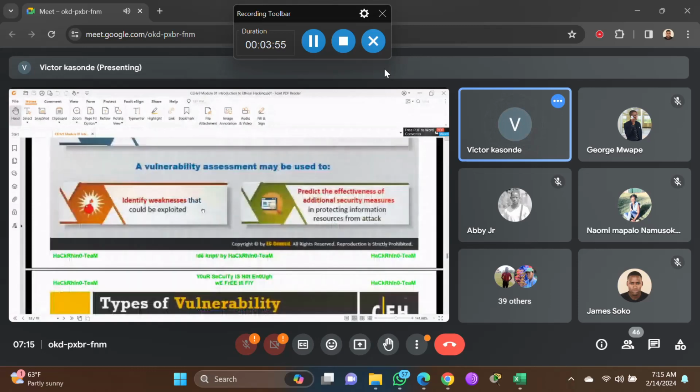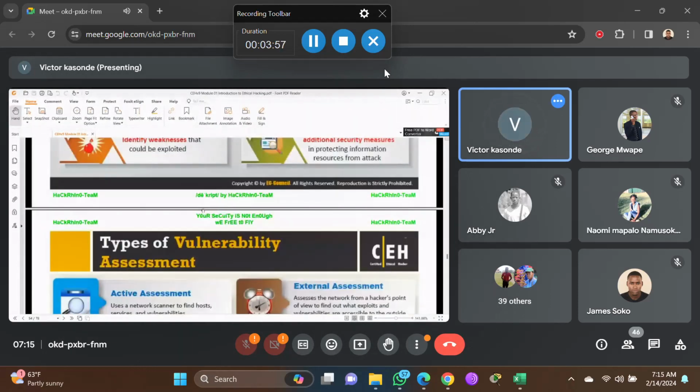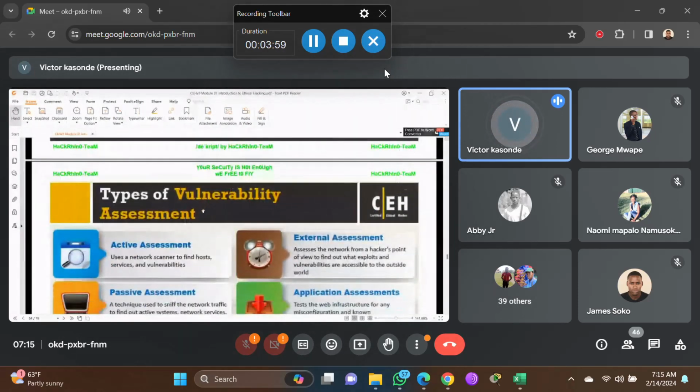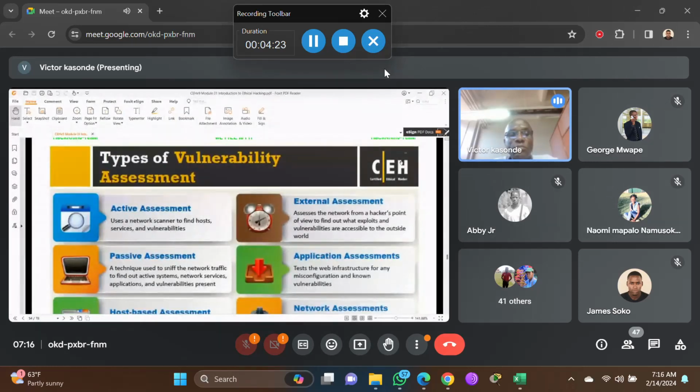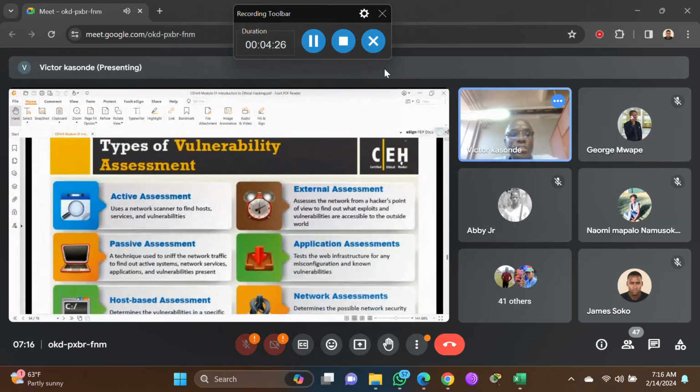Okay, any queries there? If there are no queries, let us look at the types of vulnerability assessment. There are different types. First, we have active assessment.